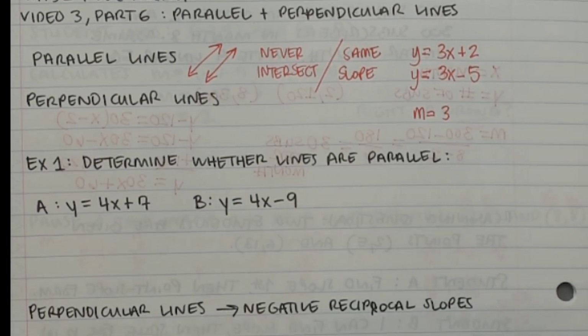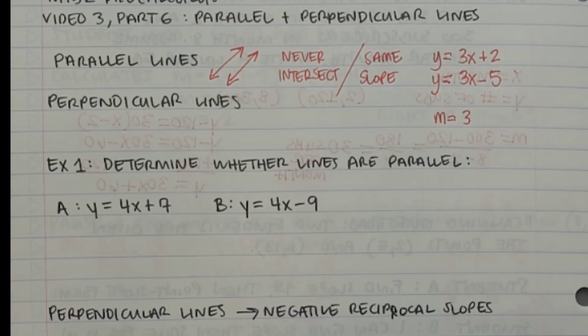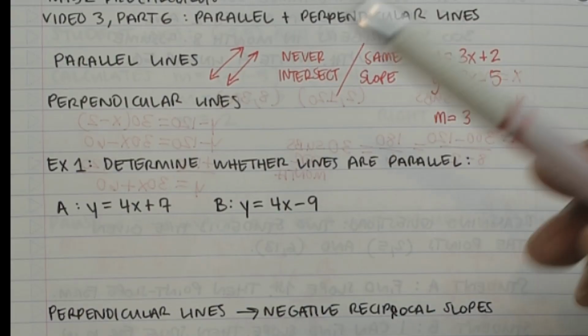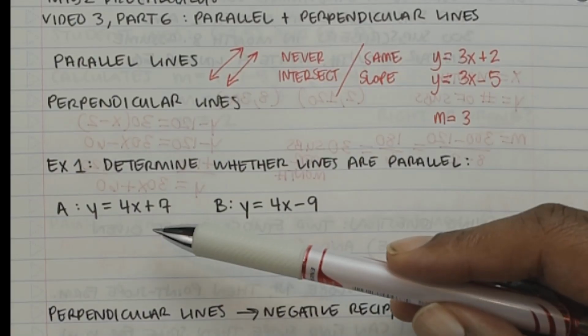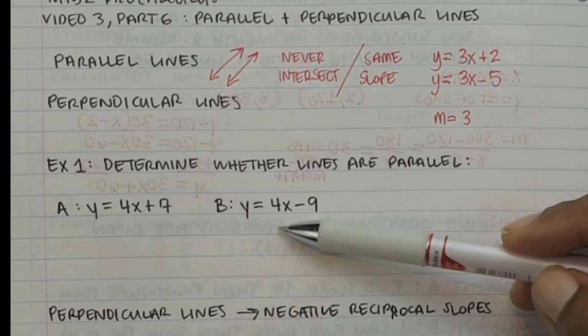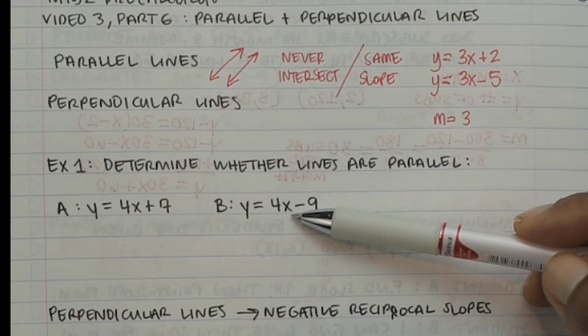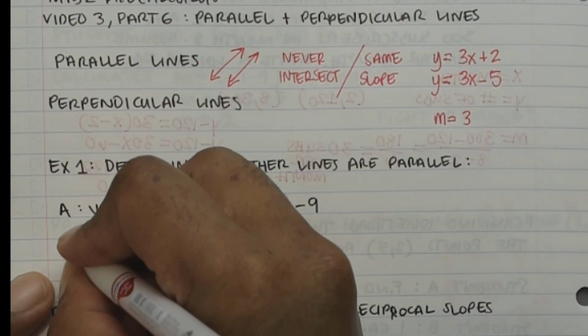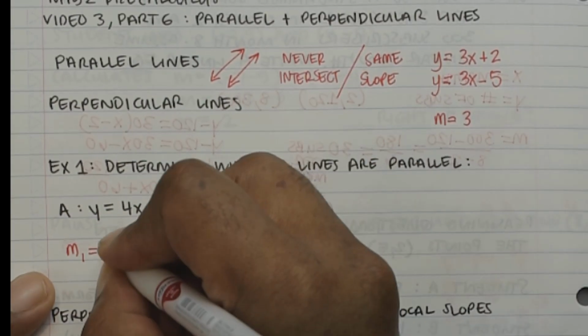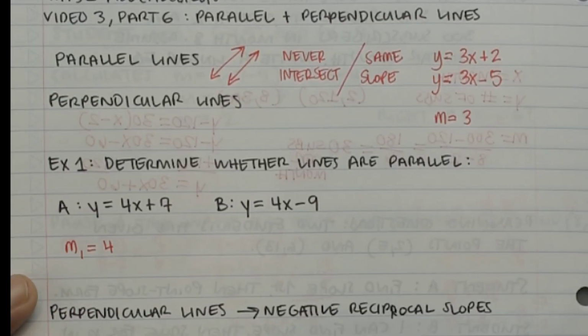Let's look at example 1. Example 1 says determine whether lines are parallel. So we have line A, which is y equals 4x plus 7, and we have line B, which is y equals 4x minus 9. The slope of line A is m sub 1 equals 4. Remember, the slope is the coefficient that is ascribed to x.